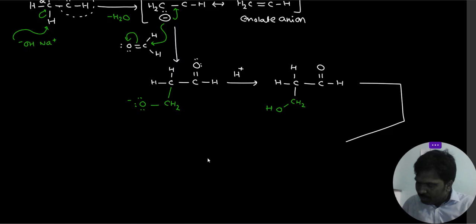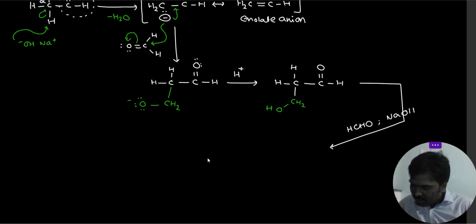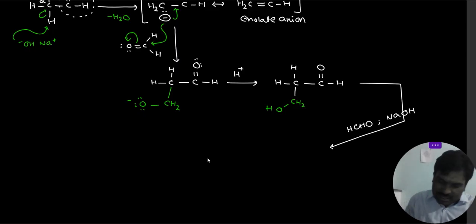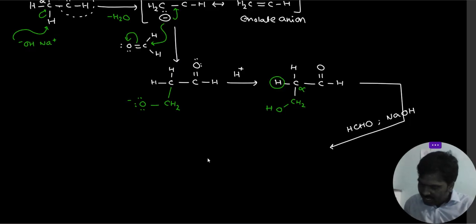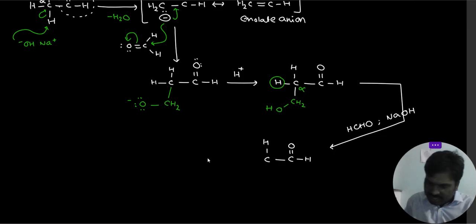Now one more time it can react with formaldehyde in the presence of base. Then this alpha hydrogen is abstracted, and in the place of hydrogen we can write CH2OH.